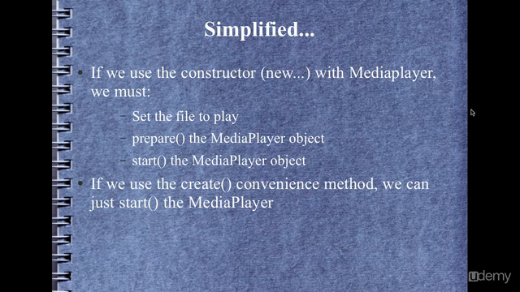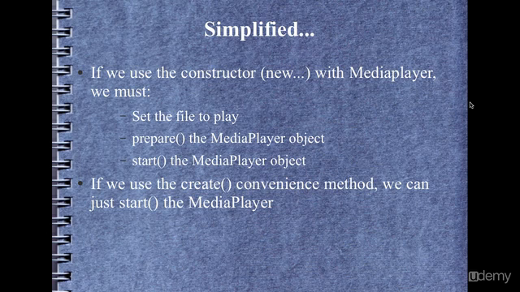Now there is a convenience method that puts us into the startable state, the prepared state, and it's called create. And if we use the create convenience method, as I show you in the demo for playing audio, we can just start the media player, because create expects a file name of the file to play.